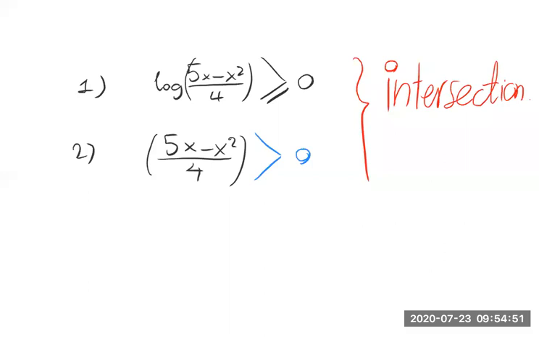I have a question, sorry. Can you re-explain the first part? You said 5x minus x squared over 4 must be positive because it's under a square root, but then how about the log has to be positive itself, right? Yes. Okay. Positive or 0, you see? When you say positive, it means it can't be 0. 0 is not positive.